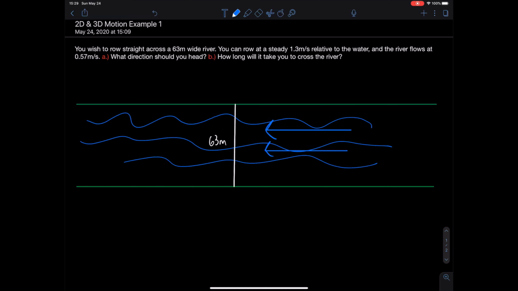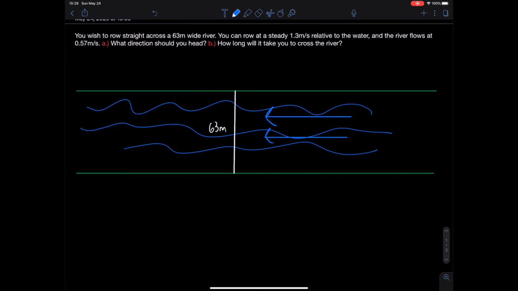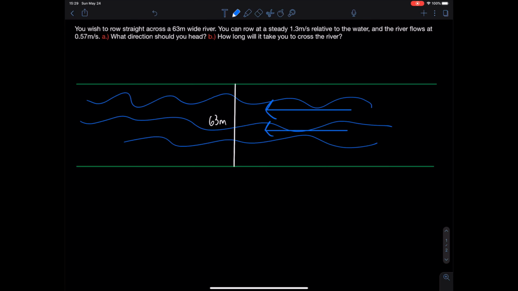Now, it says you can row at a steady 1.3 meters per second relative to the water, and then it gives us the rate at which the water is flowing, 0.57 meters per second. So what we're interested in is the velocity of our boat. If we have some little boat here, and we're starting right here, we want to know our velocity vector.